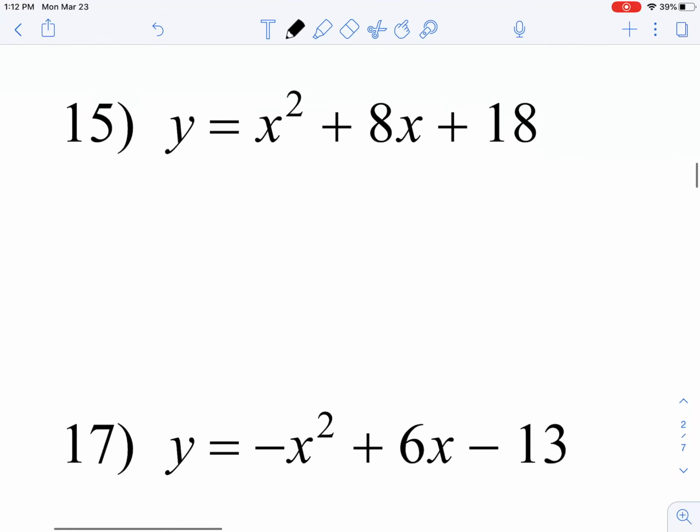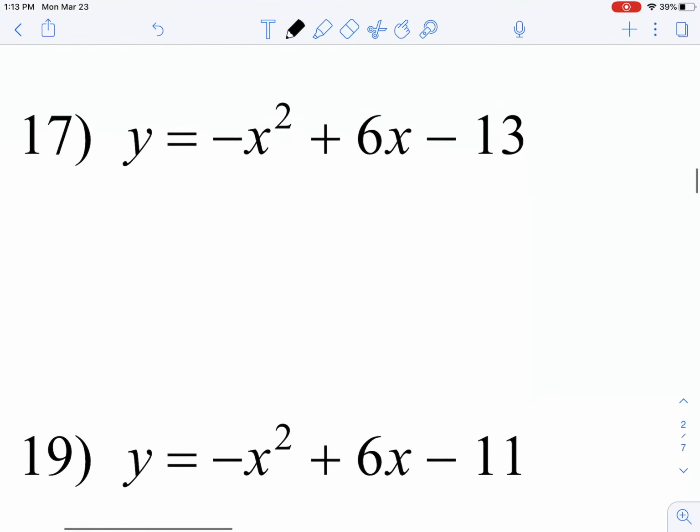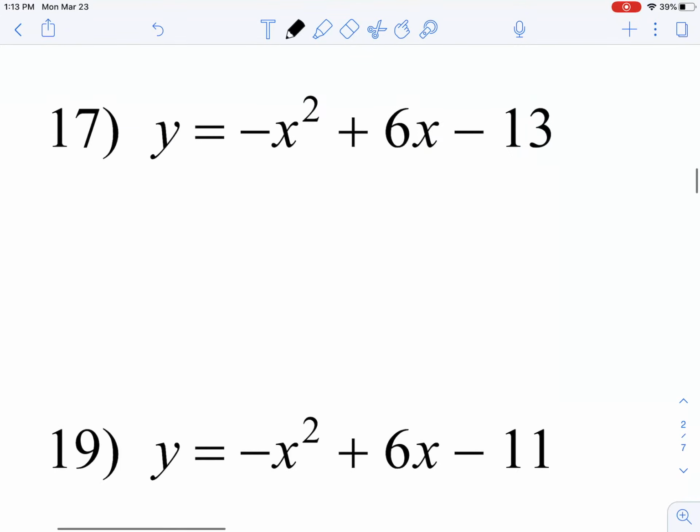All right, last couple here. A is 1, B is 8, C is... I'm sorry, negative. C is 18. Making things up. All right, last two. A is -1, B is +6, C is -13.